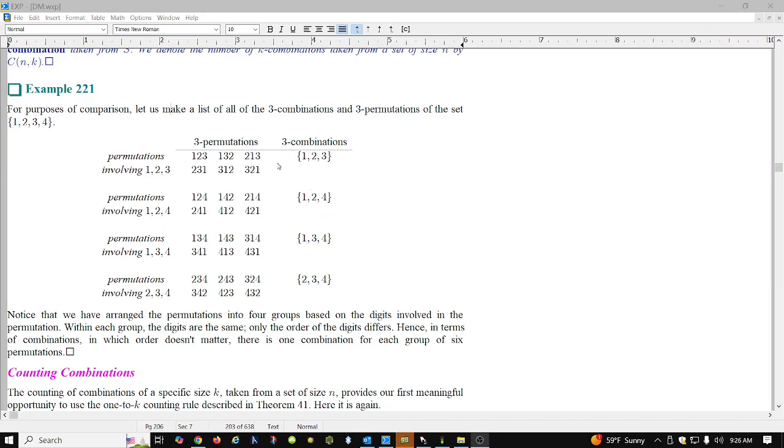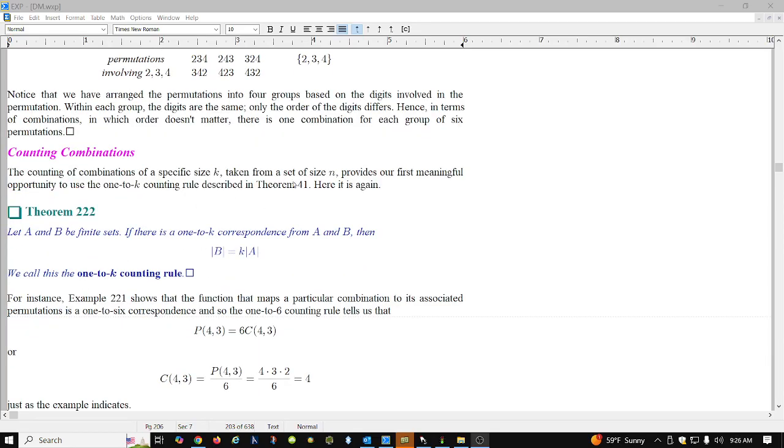There's a map here from combinations to permutations, where this combination is mapped to these 6 permutations. This is a 1 to 6 correspondence, which means there are 6 times as many permutations as there are combinations, or put another way, the number of combinations is 1/6 of the number of permutations.